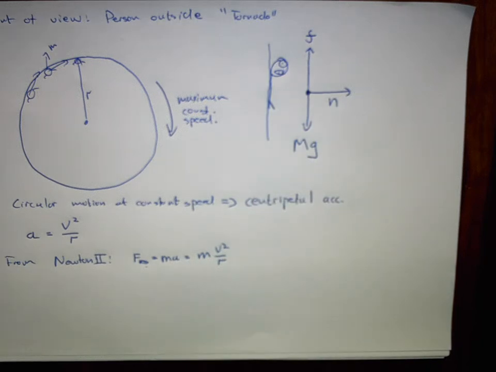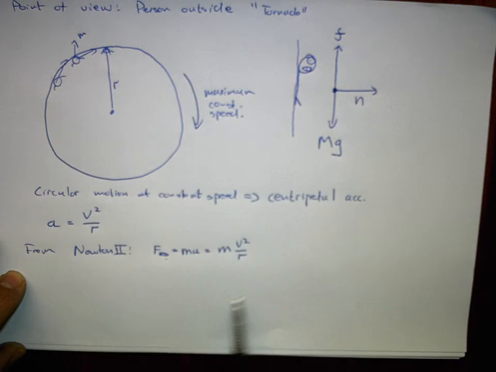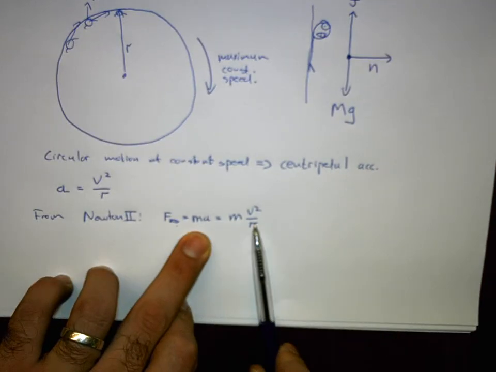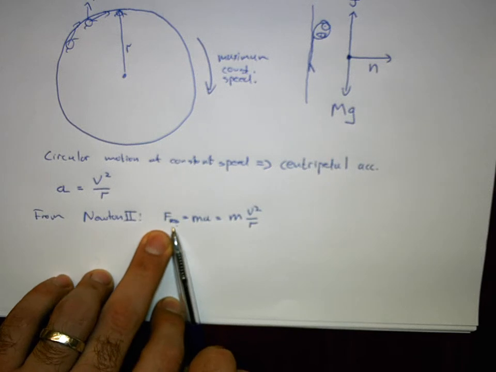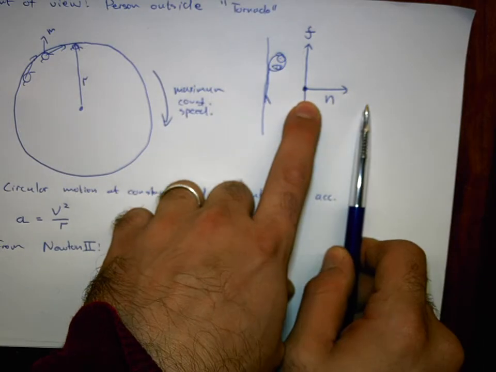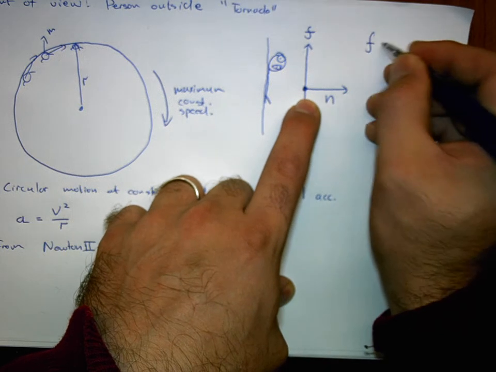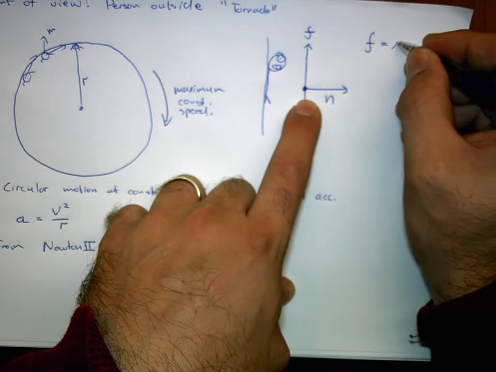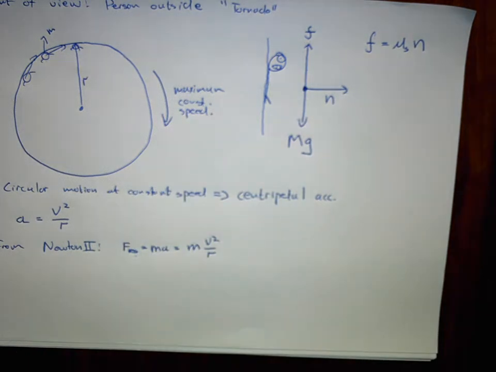And you can now see how this works. The faster this barrel spins, the larger the centripetal acceleration becomes, which means the larger the resultant force is, which means this normal force becomes bigger and bigger. We know that friction is related to the normal force through that equation.